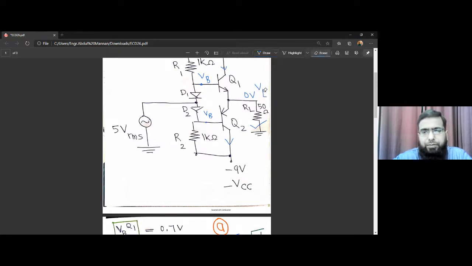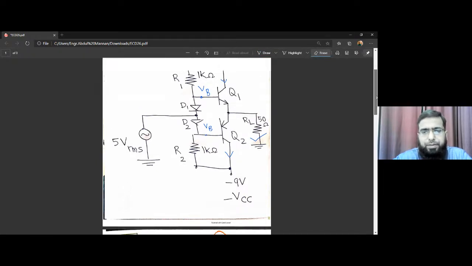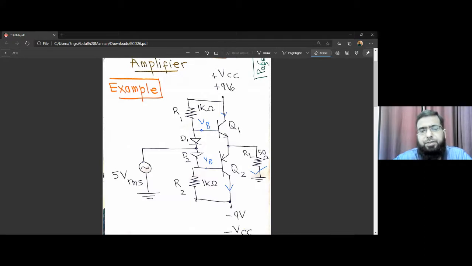The max AC voltage that we can have here, we studied in the theory portion, is VCC, because the swing is like this. It swings at 0 volts, so from 0 it goes up to 9 volts VCC or negative 9 volts.